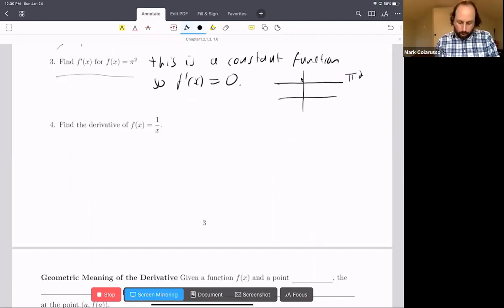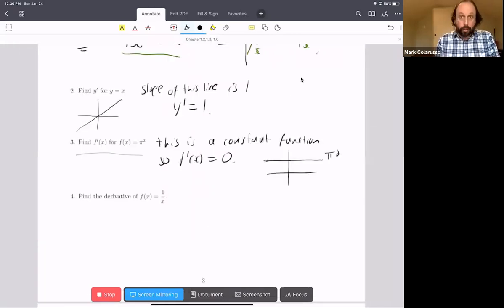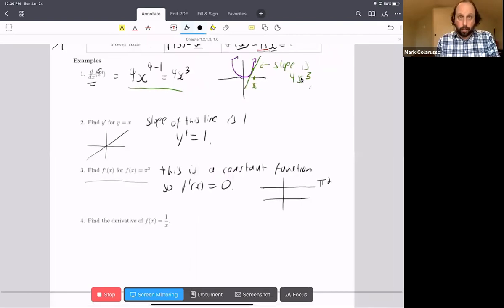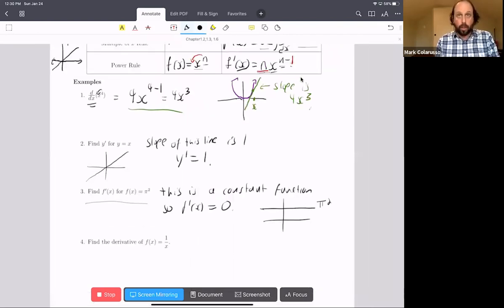Okay, the next one: find the derivative of f(x) equals 1 over x. We can use the power rule with a negative exponent if we remember the definition of negative exponent.